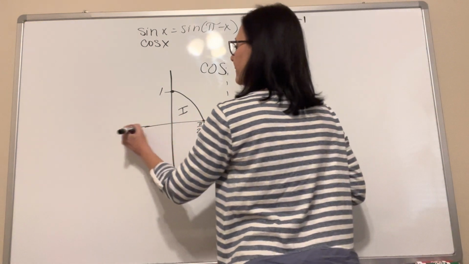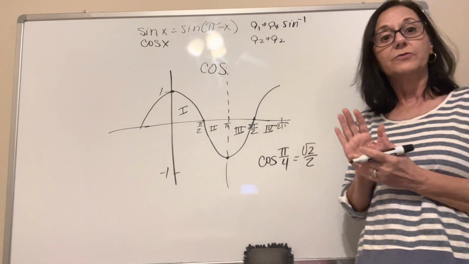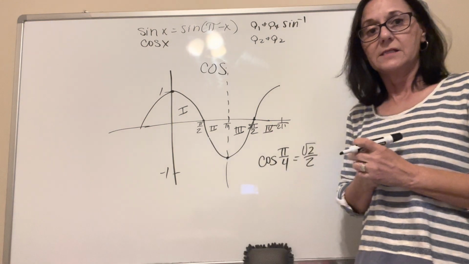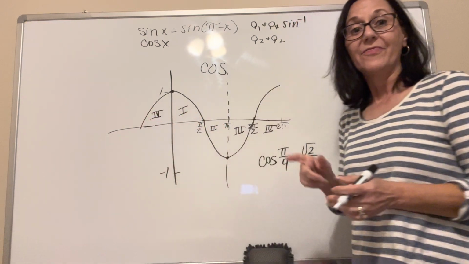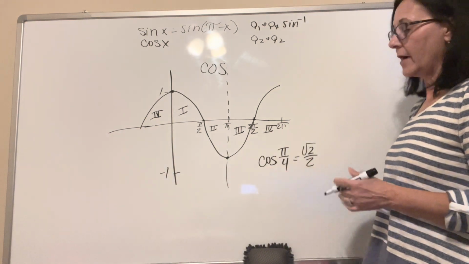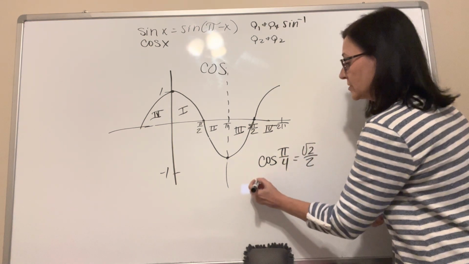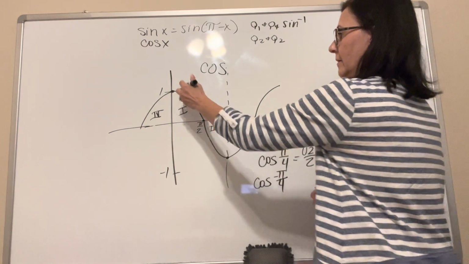So actually, if you go backwards on the curve, to the left of the y-axis, then we're in quadrant 4, and those are negative angles, right? Such that the cosine of pi over 4 equals the cosine of negative pi over 4.